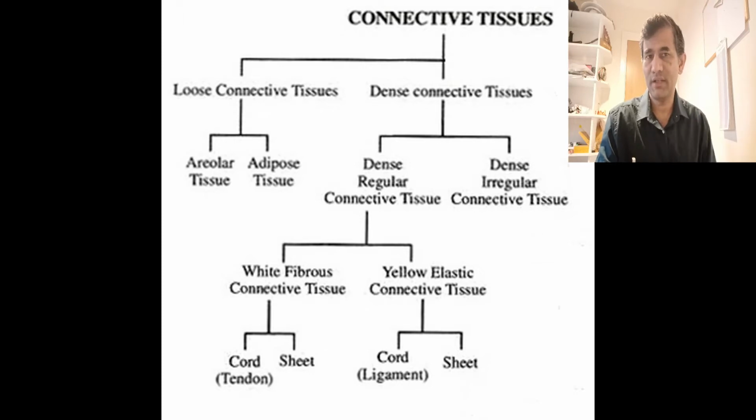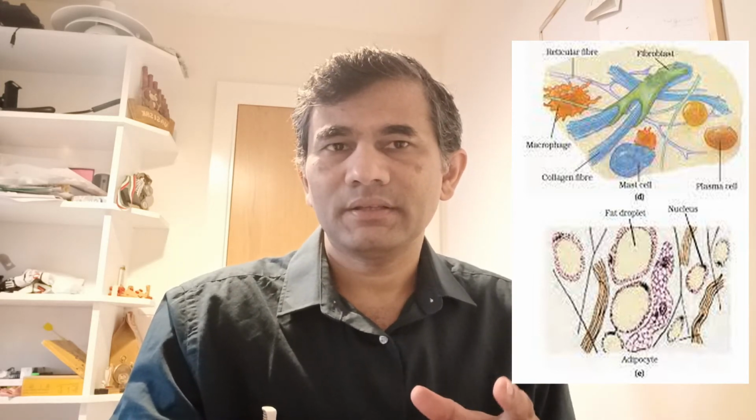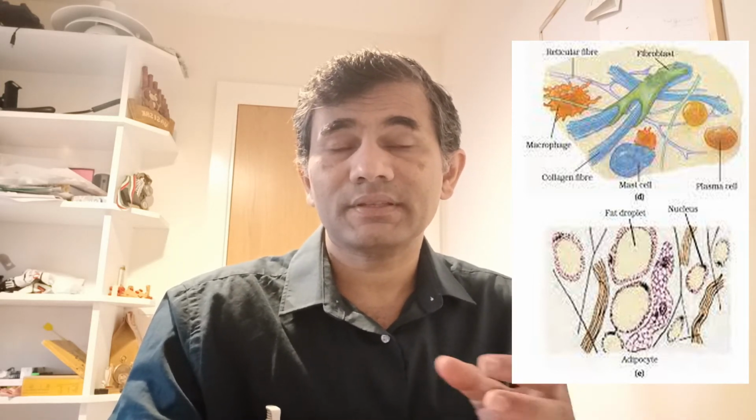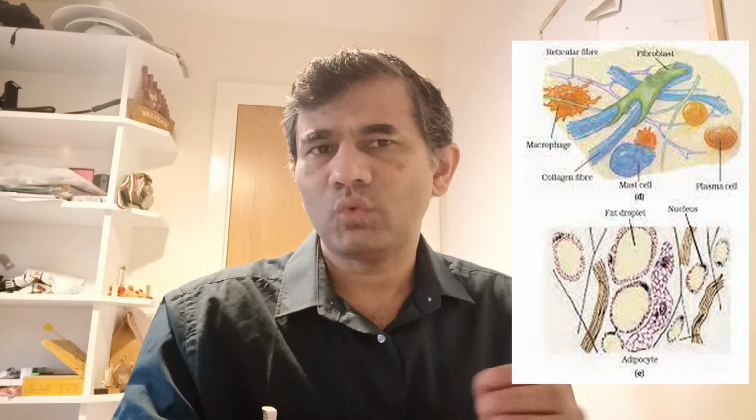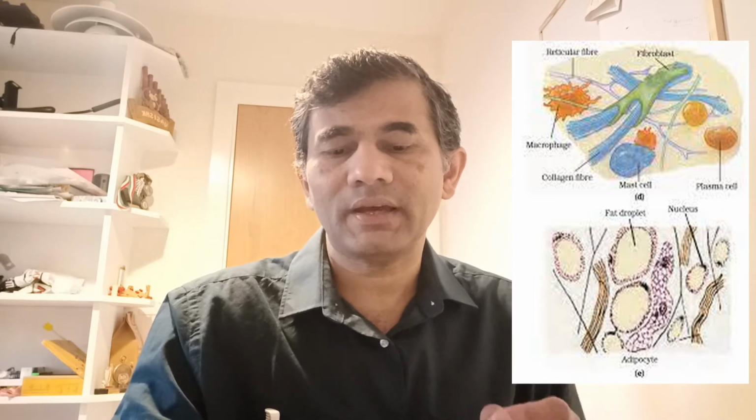Now loose connective tissue has got semi-fluid matrix. So the matrix is not very dense, it is semi-fluid, and it has got fewer fibers. And what are the fibers in loose connective tissue? They are collagen and elastin.